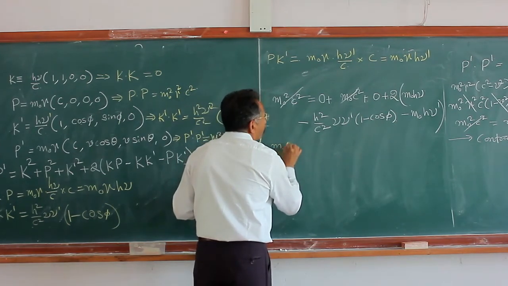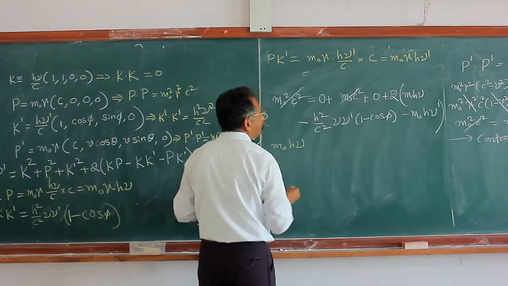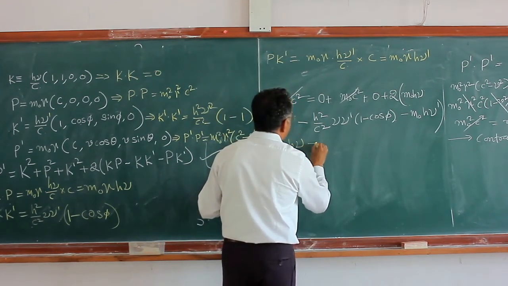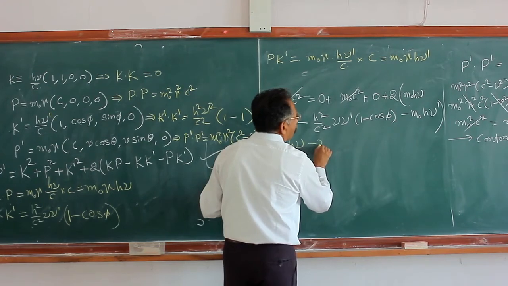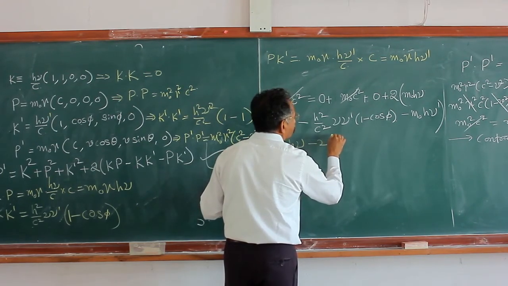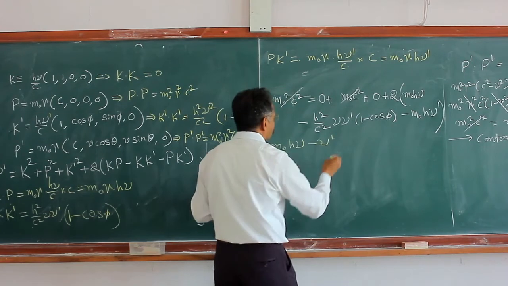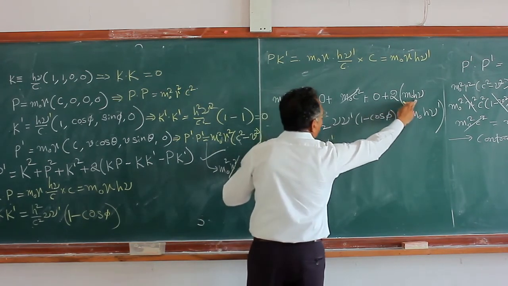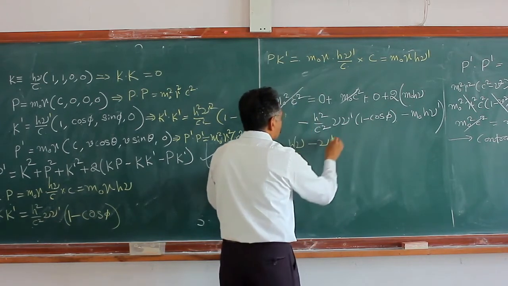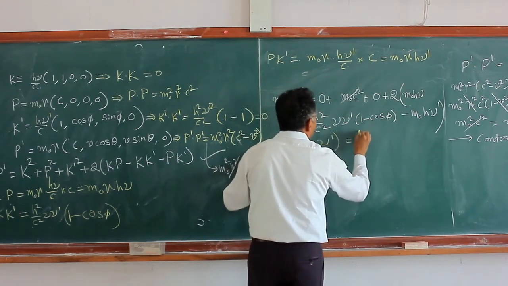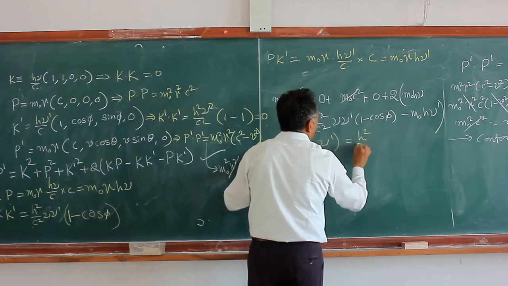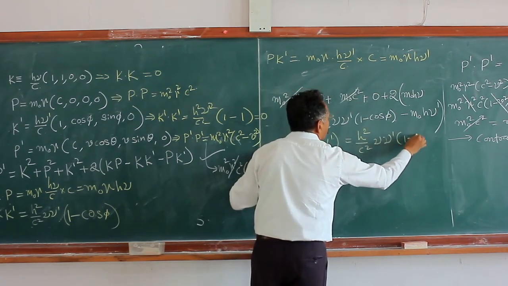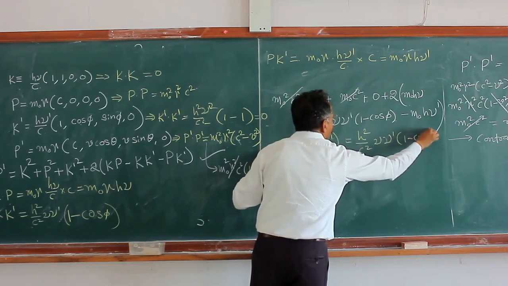We are left with m0 h nu minus nu dash, which is equal to h square upon c square nu nu dash into 1 minus cos of phi.